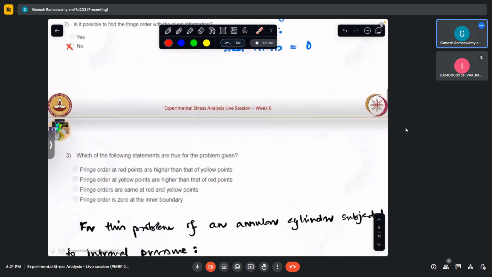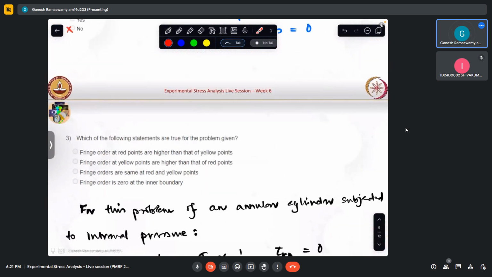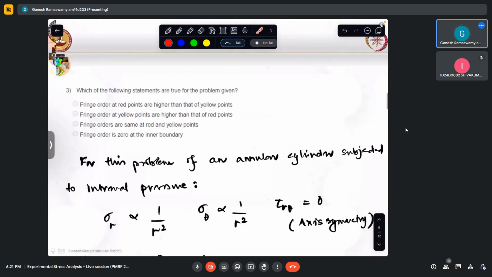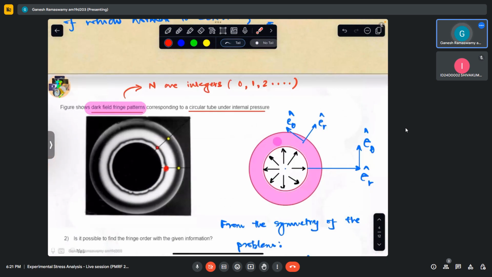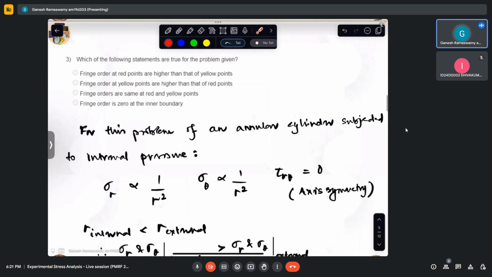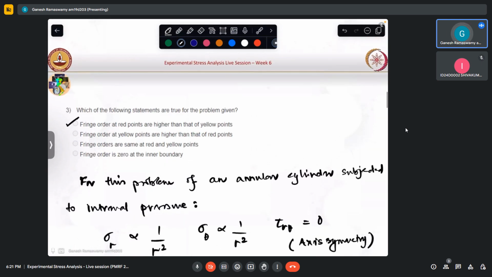If that be the case, then definitely we can say that the fringe order at this point, at the red point, is higher than the yellow point. That we can say the fringe order is basically decreasing in this direction. So the fringe order at the red point is higher than the yellow point. The second option is just the opposite of this, so naturally that will not apply.